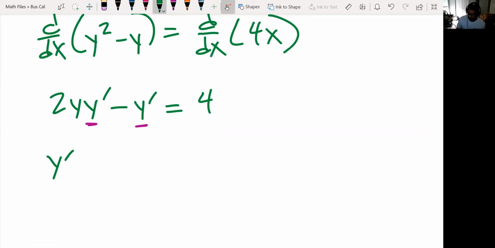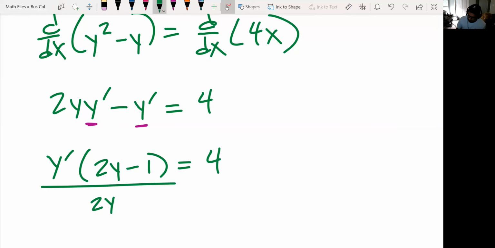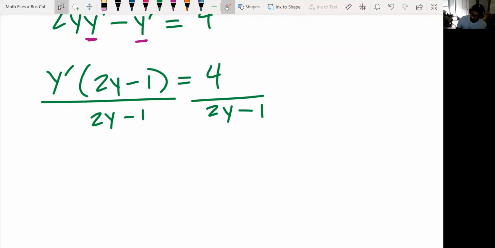Factor out y prime, and that'll leave me with 2y minus 1. Now, all we have to do to solve for y prime is divide by 2y minus 1, and we'll get y prime equals 4 over 2y minus 1.